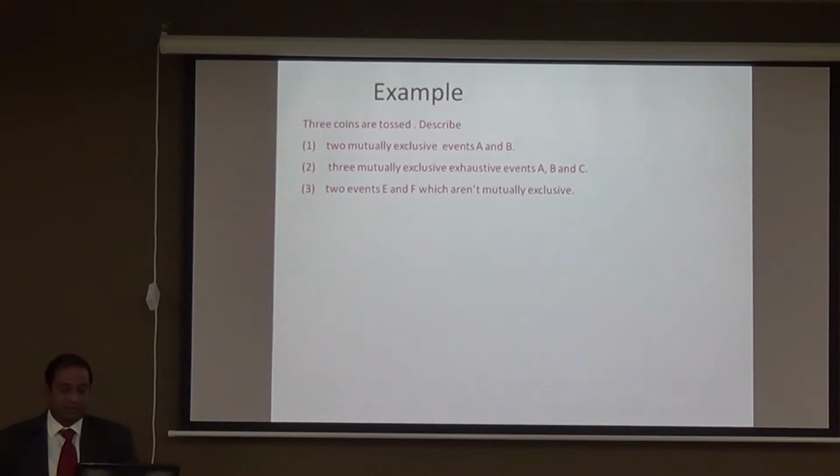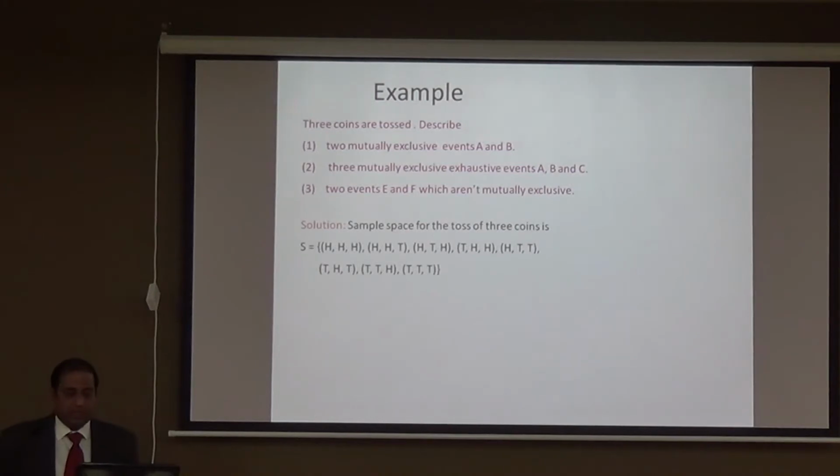Another example we consider, three coins are tossed. Now we have to describe first, two mutually exclusive events A and B; another, three mutually exclusive and exhaustive events A, B and C; third, two events E and F which are not mutually exclusive. So we take this solution.